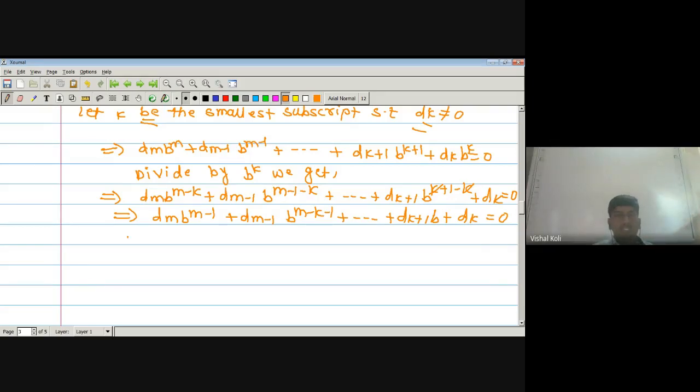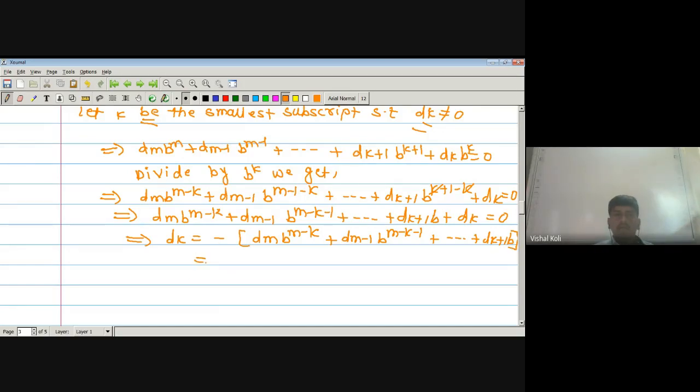Now from this, dk is equal to minus of dm b to the power m minus k plus dm minus 1 b to the power m minus k minus 1 plus up to so on dk plus 1 b. So let us take b common from the RHS.